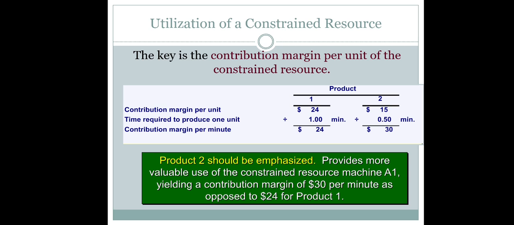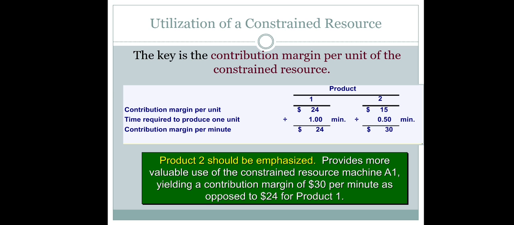Okay, now you use the data from the previous slide. For product 1, the contribution margin per unit is $24. Product 2, the contribution margin per unit is $15. But for time required to produce 1 unit, product 1 requires 1 minute machine.